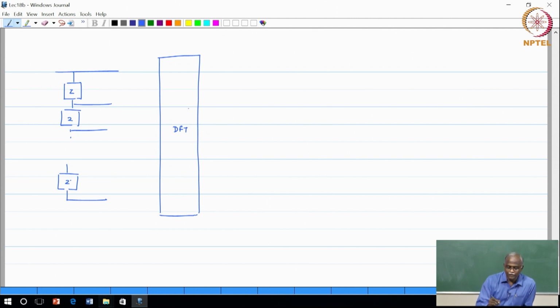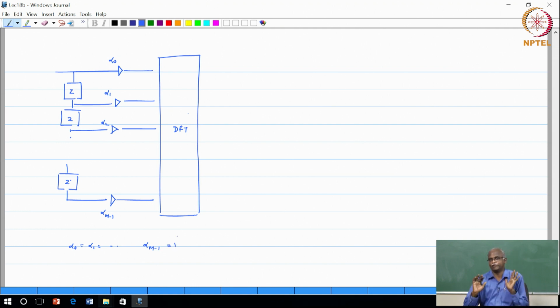Effectively that was saying that all my polyphase components are constants and we set them equal to 1. Since they are constants, let us call them alpha 0, alpha 1, alpha 2, up to alpha M minus 1, and the special case is when alpha 0 equals alpha 1 equals alpha M minus 1 equals 1. That is your conventional DFT.